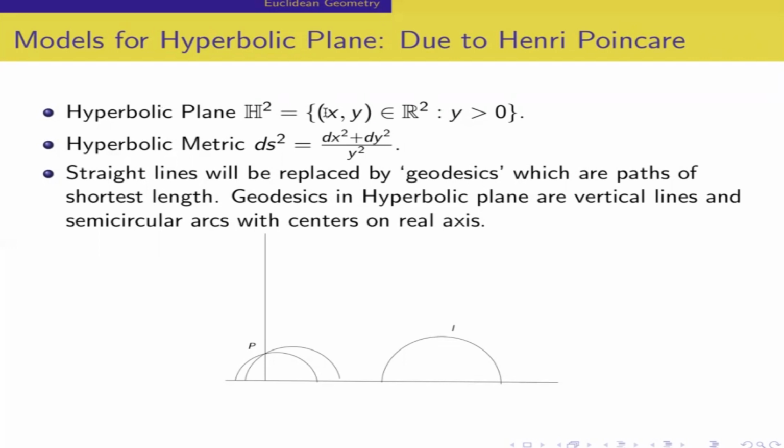The upper half plane means you take the ordered pairs (x, y) in R2 with y greater than 0. And again, you put this formula here: ds square is equal to dx square plus dy square, divided by y square. We will do all of this in detail, I am just writing it as a sketch.